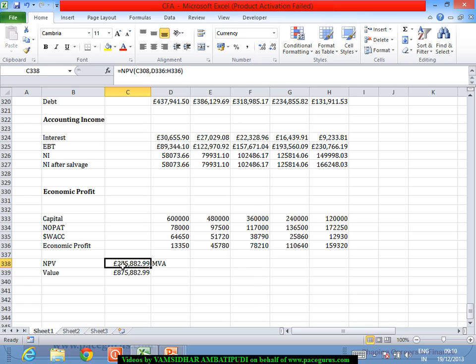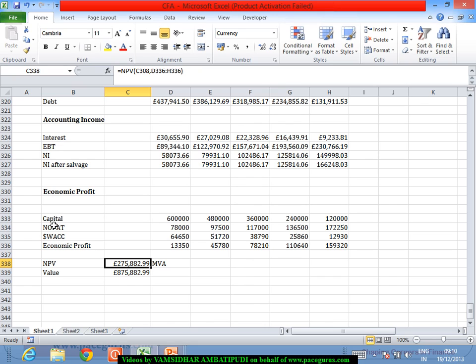Which means I can very well find out the NPV of the project based on the economic profit approach. Economic profit is nothing but looking at the capital that has been invested, based on the book value of the asset after depreciation.